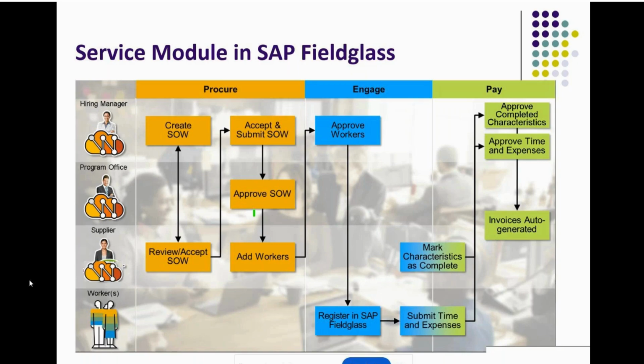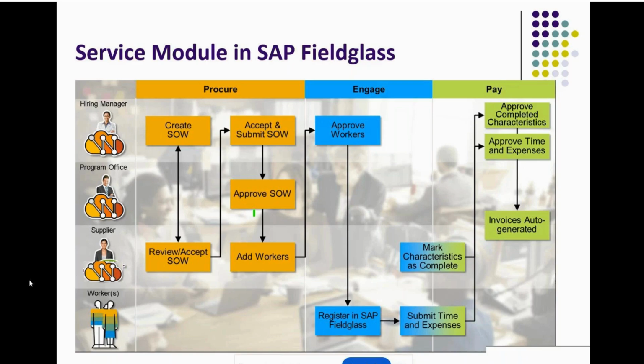There is no simpler form than this for the service module or CW module. The process is first create the SOW through the hiring manager, then it goes to suppliers, you accept, then back to the hiring manager, then go for approval, and then add worker. This is the simplest flow diagram I can give you.